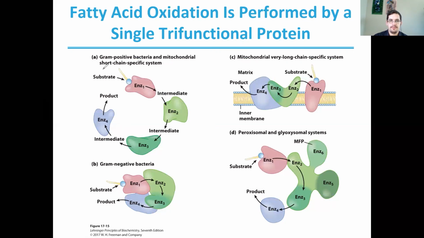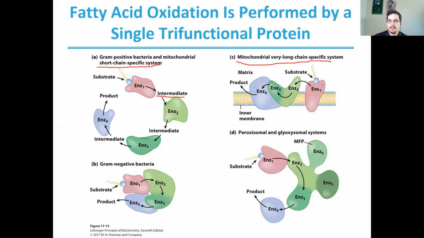So you do see some differences. In gram-positive bacteria, you do have some individual enzymes that are separate, and you are then exporting intermediates between those individual enzymes. Gram-negative bacteria tend to have them more clumped together in a single product. For mitochondria and eukaryotes, you tend to have them more clustered.